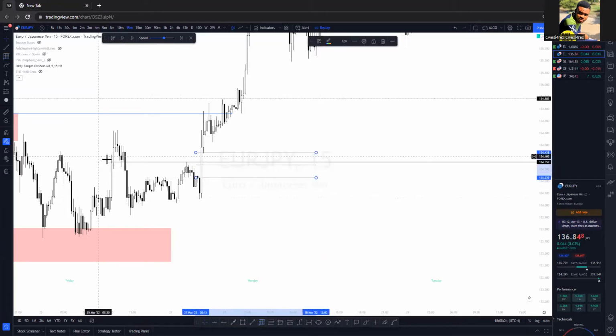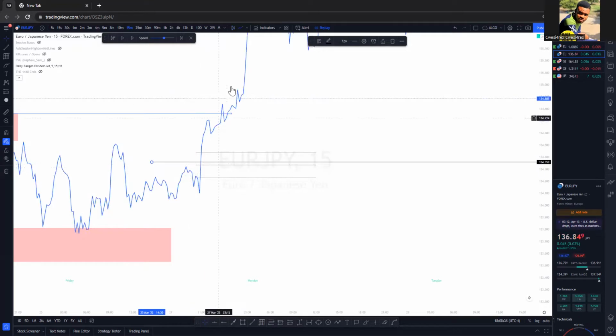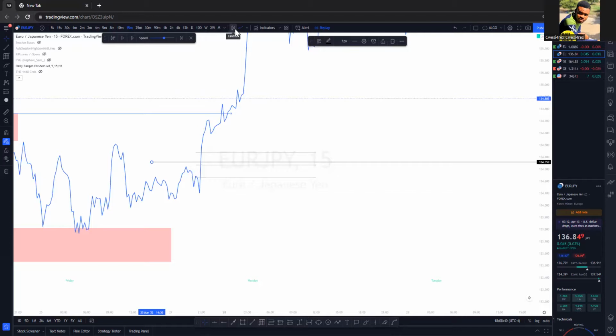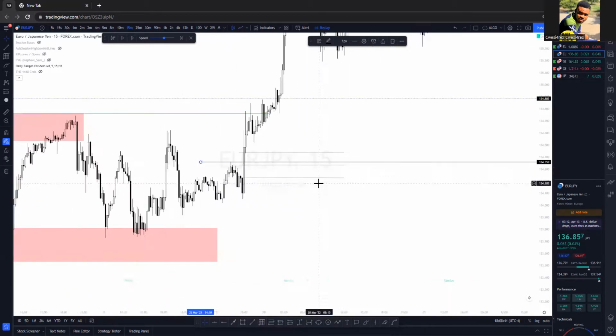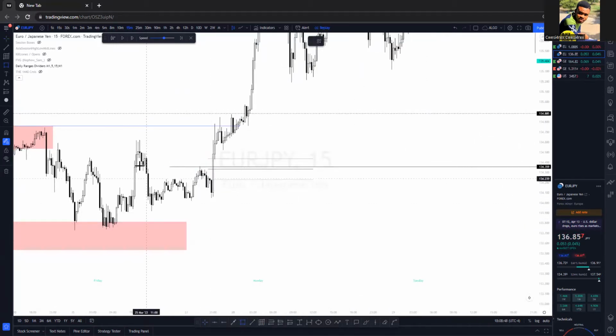It should match with a resistance or a support. You can see we have this support over here, right? And see we have this support over here, right? We have a nice support over here. Good.